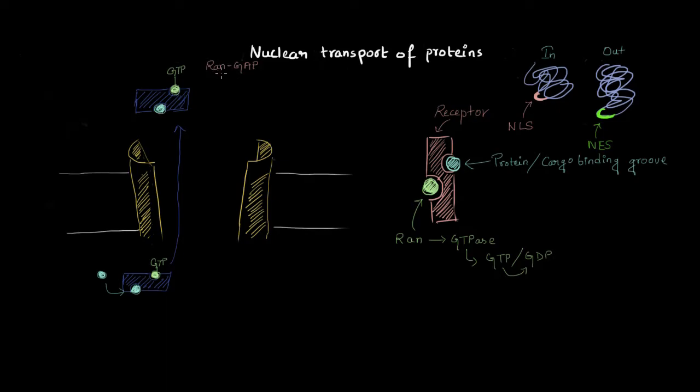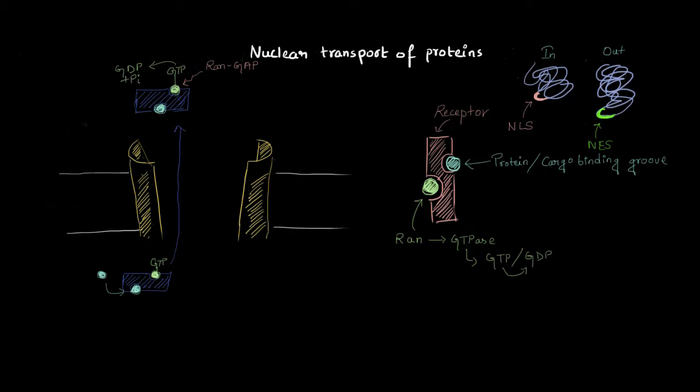So this is GTPase activating protein, and what it does, it activates the RAN, which is actually a GTPase protein. And once the RAN is activated, this GTP is hydrolyzed to GDP and Pi.